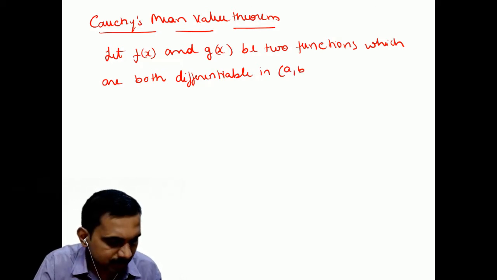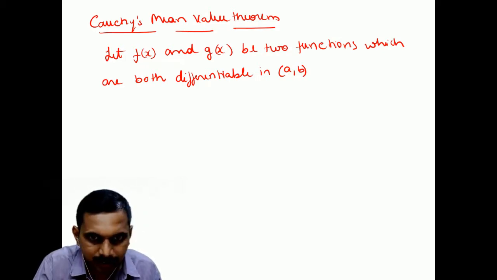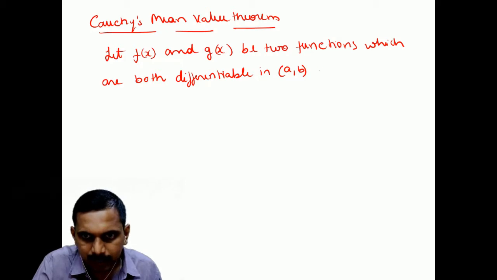It is given here as closed interval, no, open interval. Two functions which are both derivable in open interval AB and continuous, very important. I don't know why they missed that.